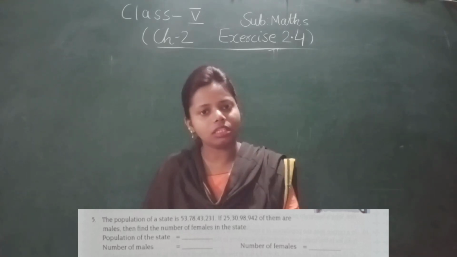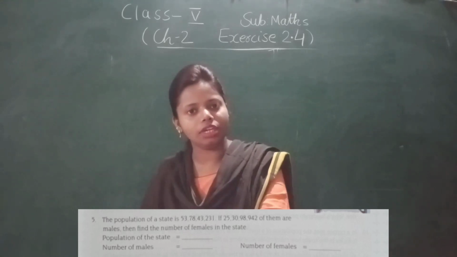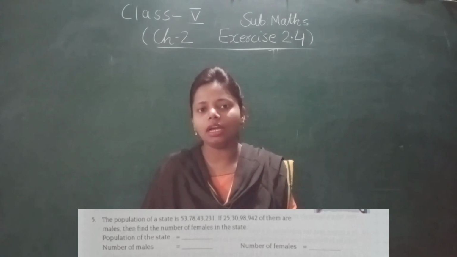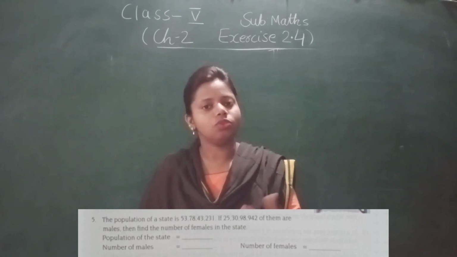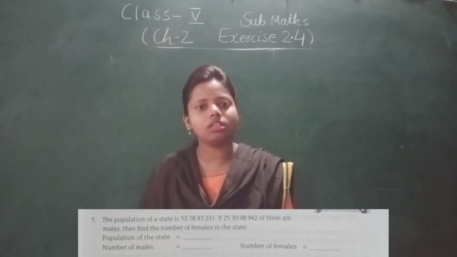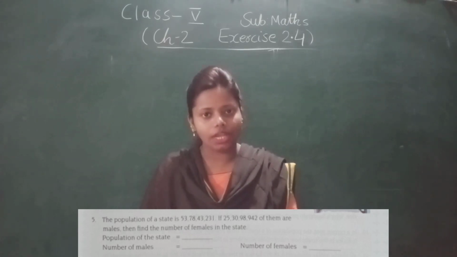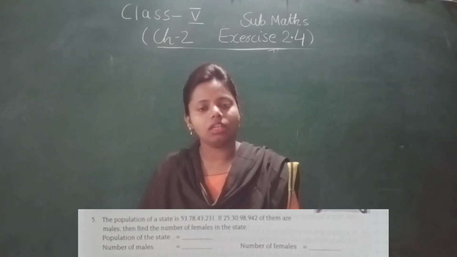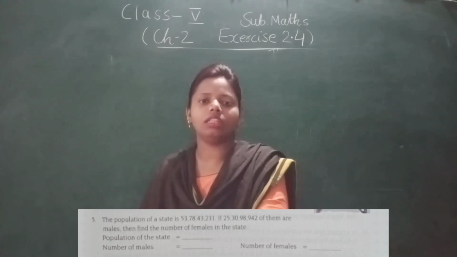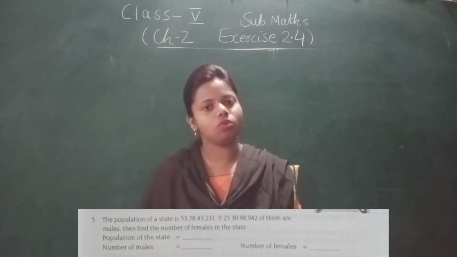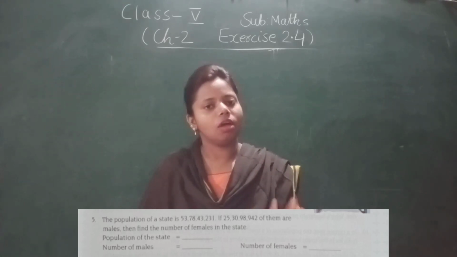The total number is 50 and 20 are boys, so 30 students are girls. How did we get this 30? 50 minus 20, we got 30. In the same way, total population is given and number of males is given; we have to find the number of females, so we subtract from the total population.